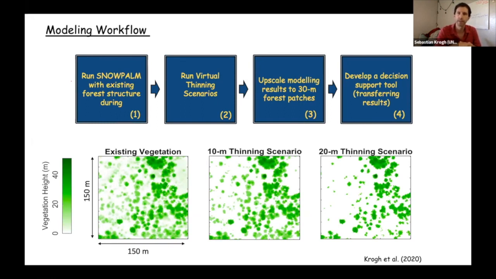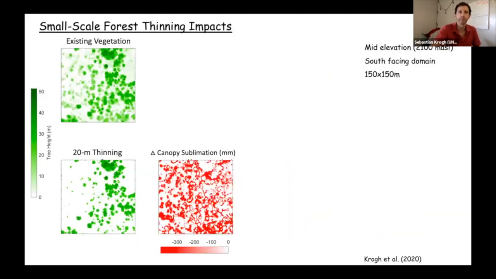We then upscale these results up to 30-meter forest patches. They give you a better idea of what happens at those kinds of scales, because 1 meter scale is not a really useful scale to work with. And from that, we develop a decision support tool to transfer these results.